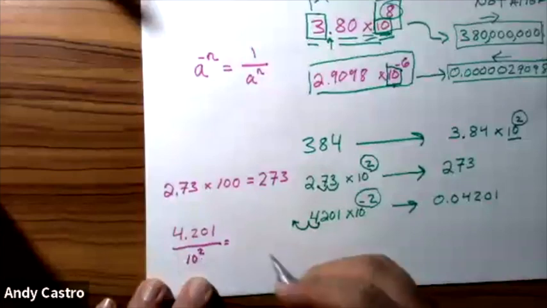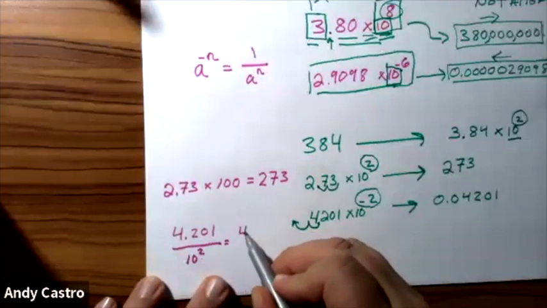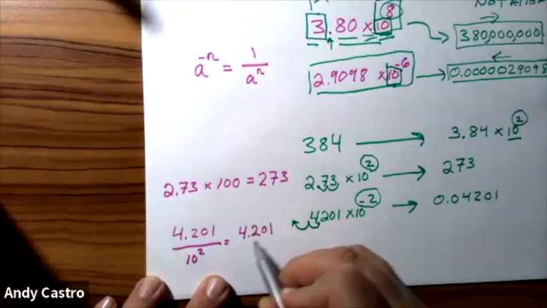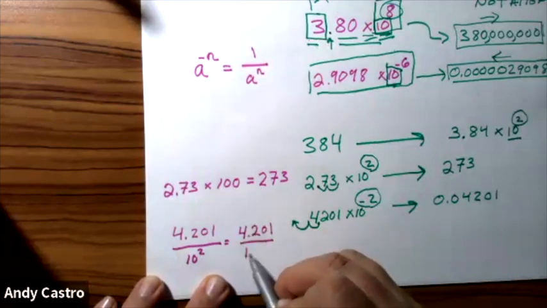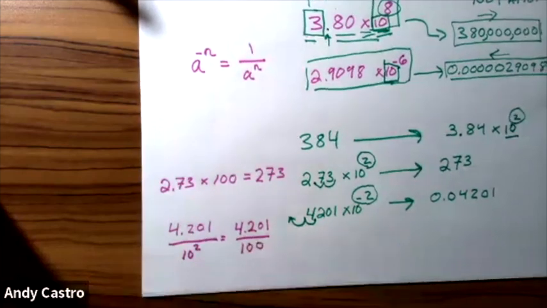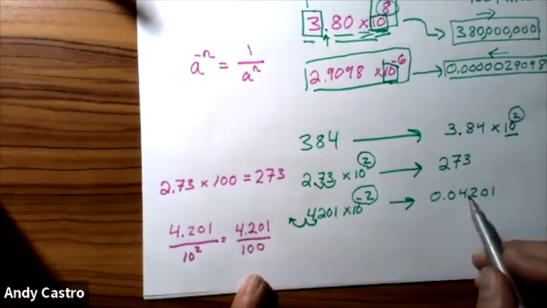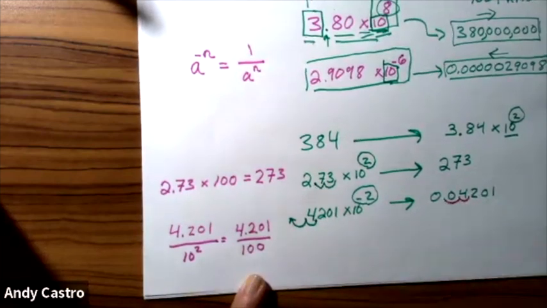Okay, 10 squared is 100. So this is literally taking 4.201 and dividing it by 100. And if you stick that into your calculator, or you just look at here, anytime I divide by 100, I'm moving the decimal place over 2 from here to there.